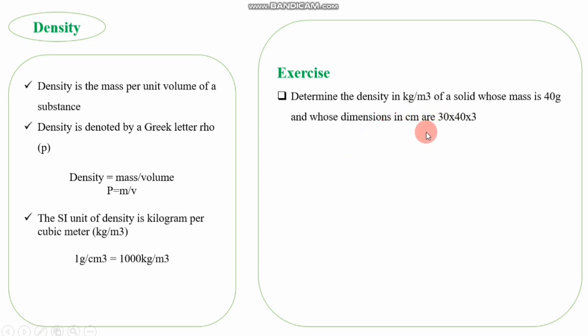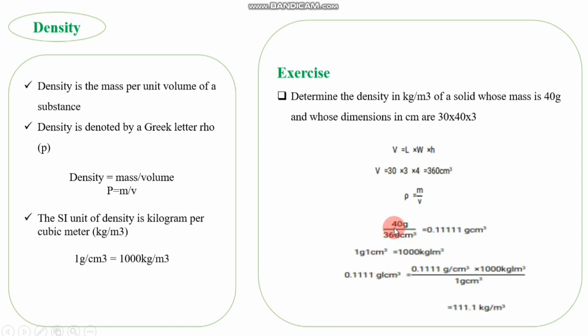Therefore our density will be equal to mass divided by volume, which is 40 divided by the product of these 3 dimensions. So volume is given by length times width times height, which is 30 times 3 times 4, which is 360 cubic centimeters. Density is given by mass divided by volume, which is equal to 40 grams divided by 360 cubic centimeters, and this will give you 0.1111 grams per cubic centimeter.